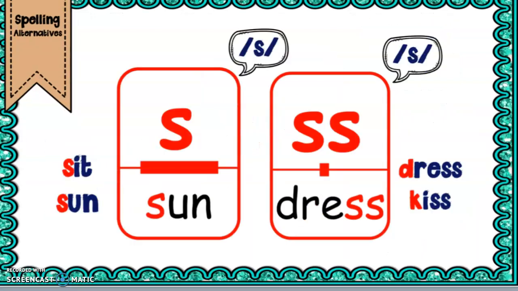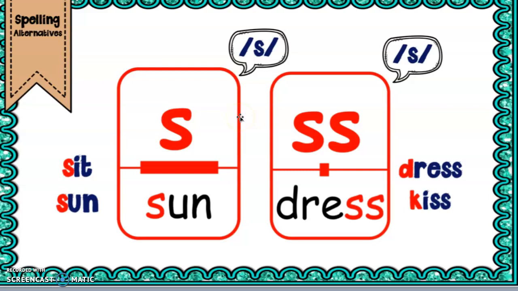Okay, so we have learned that we can spell the S sound using one S, as in sit or sun. We can also spell it using two S's, as in dress or kiss. So I want you to take a look at the power bars. Remember, the power bars are right here in the middle. What do you notice about the power bar for the single S?